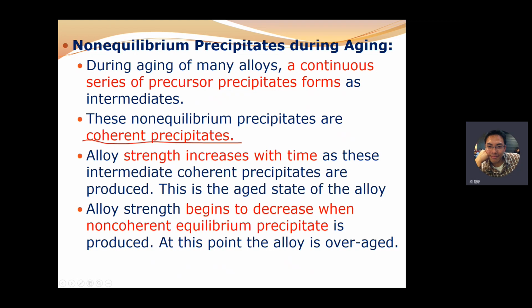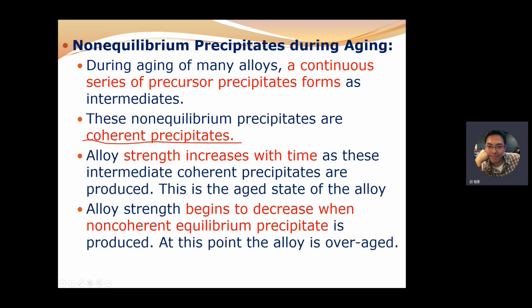Alloy strength increases with time as these intermediate coherent precipitates are produced, and this is the aged state of the alloy. Usually a longer aging time produces higher strength. Of course, there's a limit of aging time. Alloy strength begins to decrease when non-coherent equilibrium precipitate is produced. At this point, the alloy is over-aged.